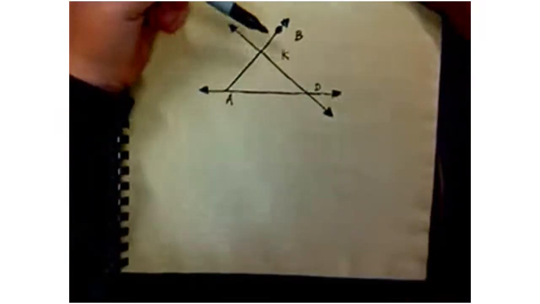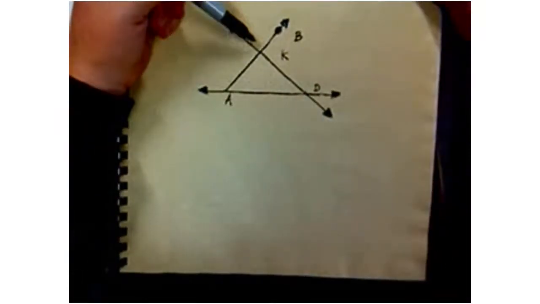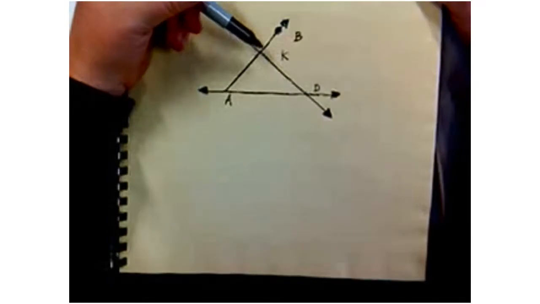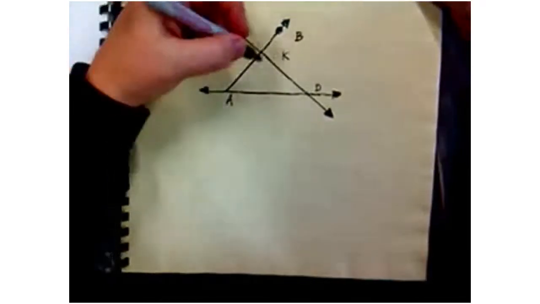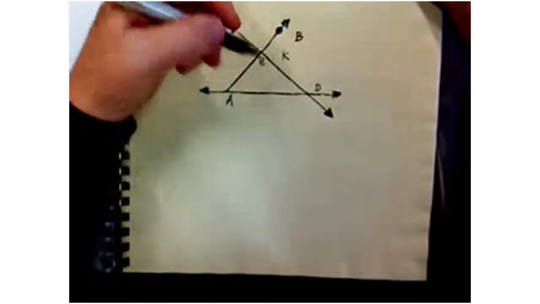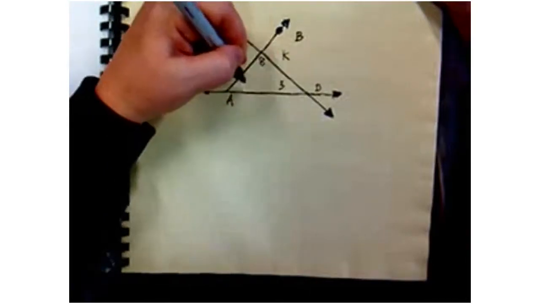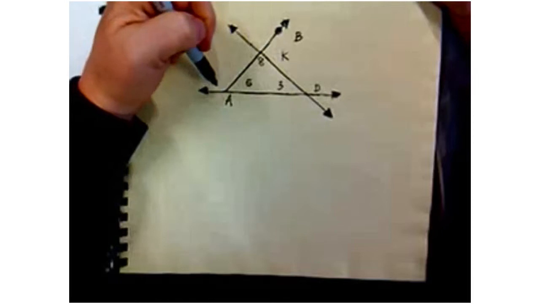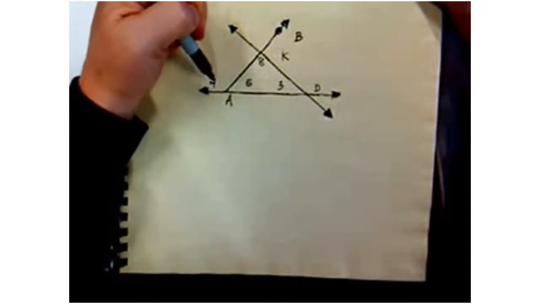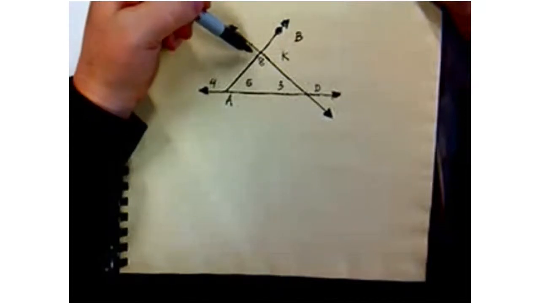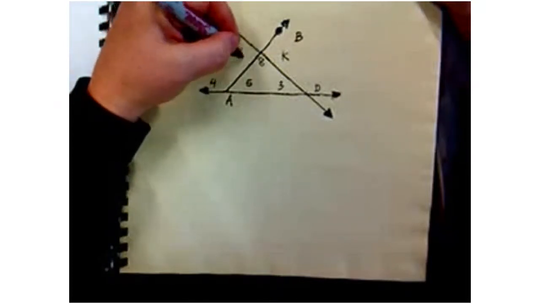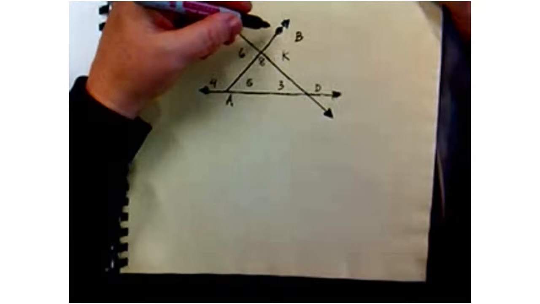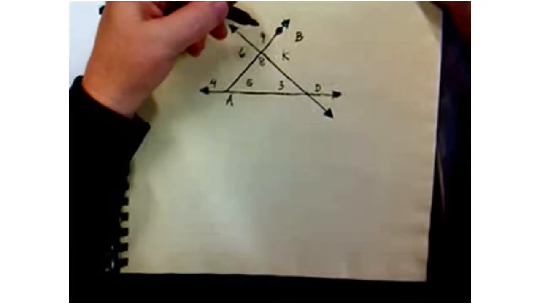And then where there's interior angles and exterior angles, they've labeled them with numbers. So the interior angles, starting at the top, we have 8, the bottom right is 3, and the bottom left is 5. On the exterior, starting at the bottom left, there's 4, and then up at the top, there is 6 and 9 that they've labeled.